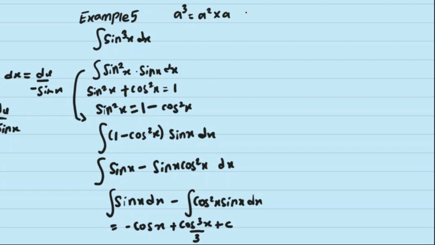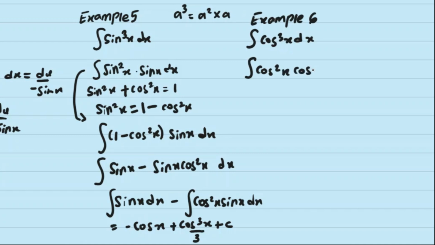So final example, let's treat it in terms of cosine. Example 6, the integral of cos cube x dx. In terms of cosine, with this same approach, this will be the integral of cos square x cos x dx.